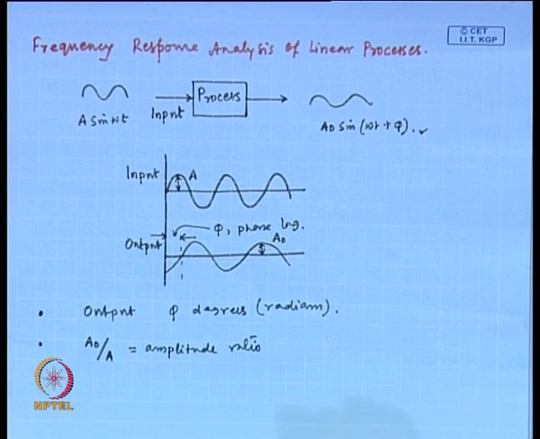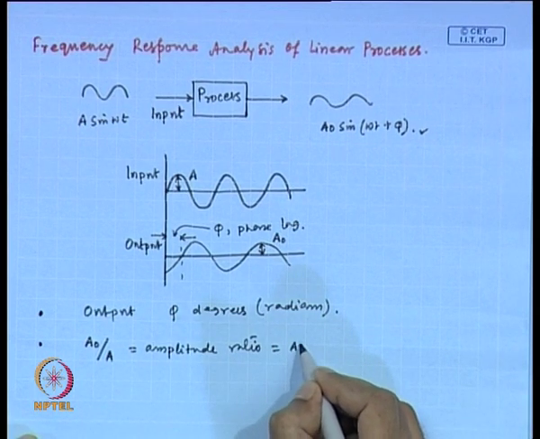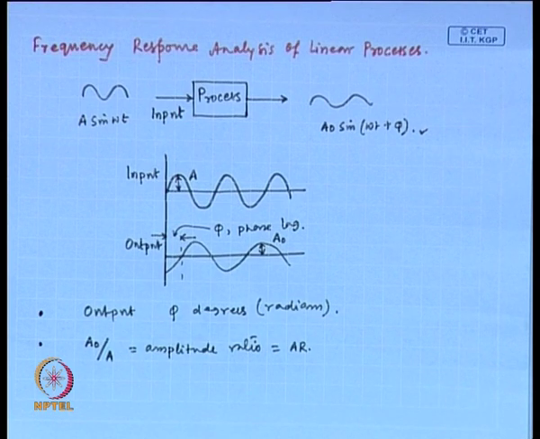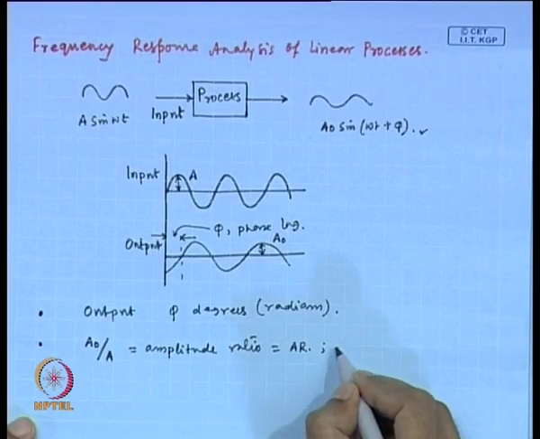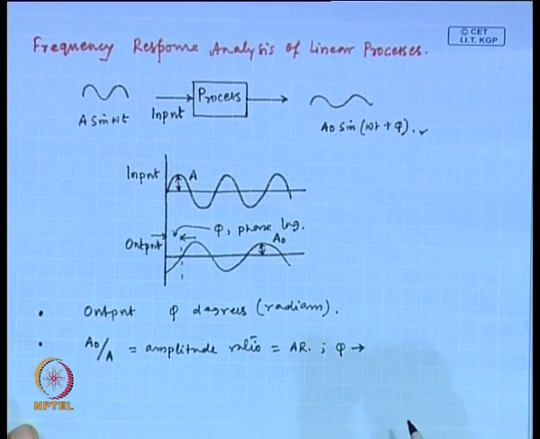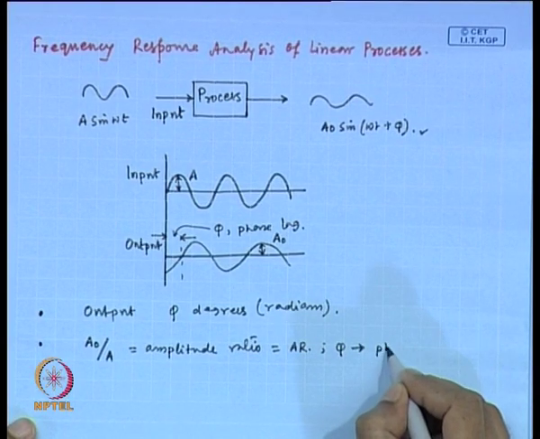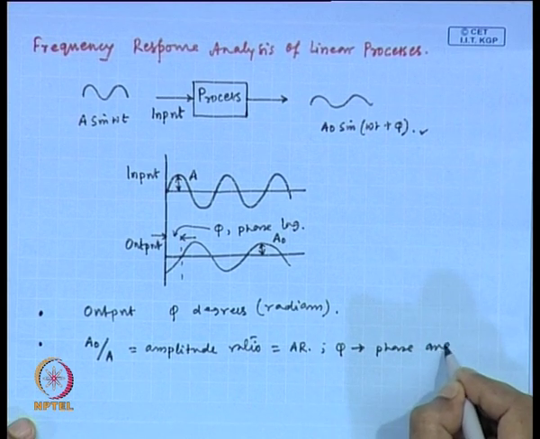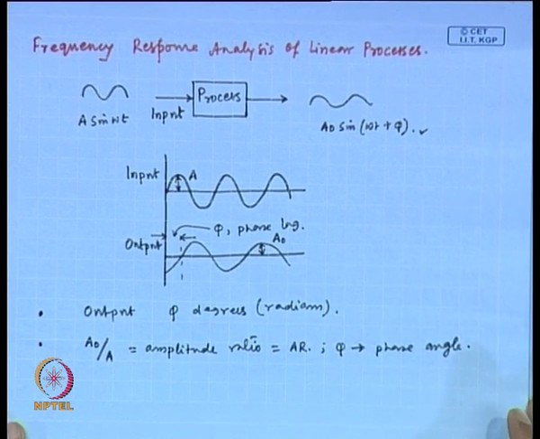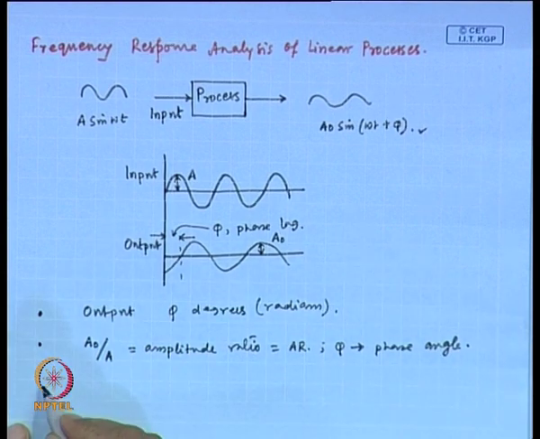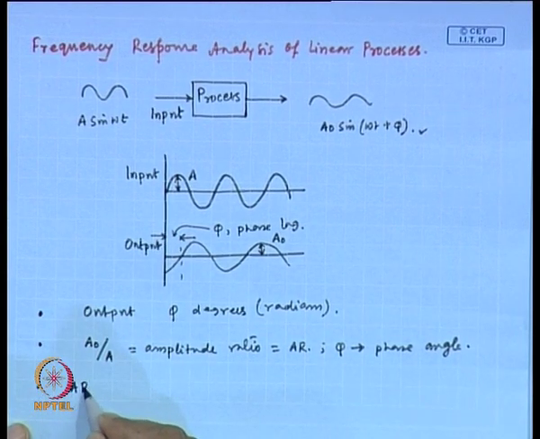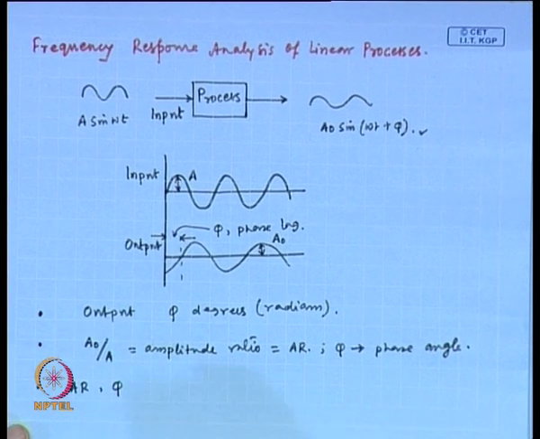A naught by A is represented by AR, which is amplitude ratio, and phi is called the phase angle. Now, this amplitude ratio and phi both vary with omega.